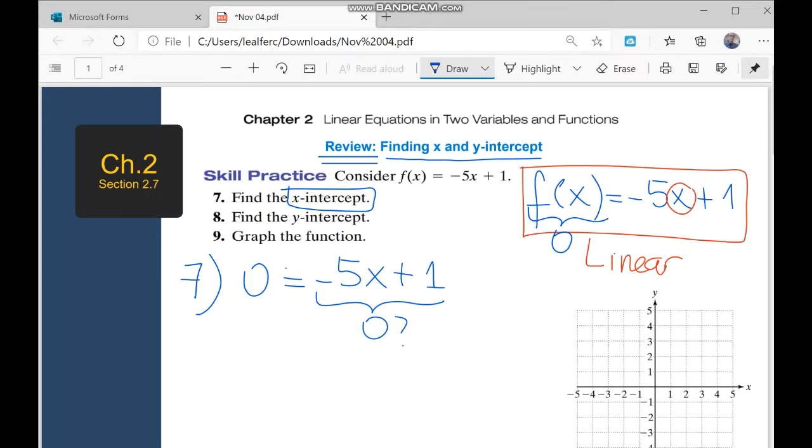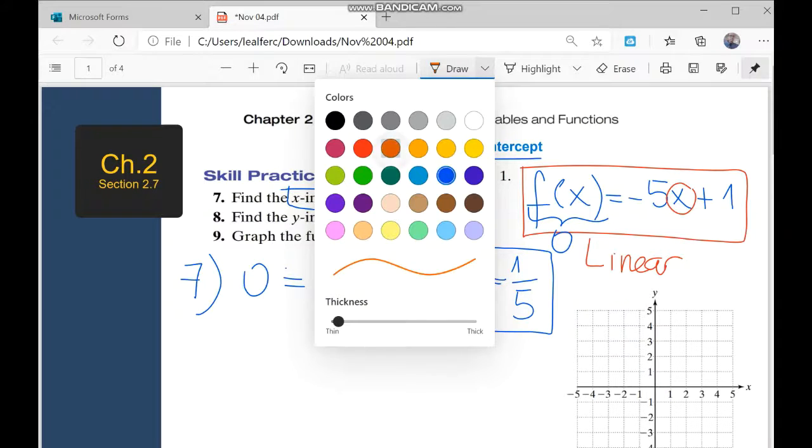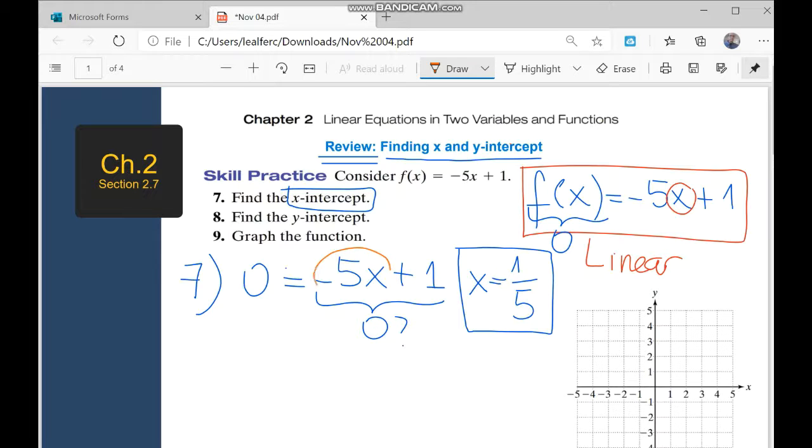You can use addition property, multiplication property, and find out. Or if you have some practice, you already can see here that x needs to be equal to 1 over 5, right? X needs to be equal to 1 over 5 because negative 1 plus 1 is 0.